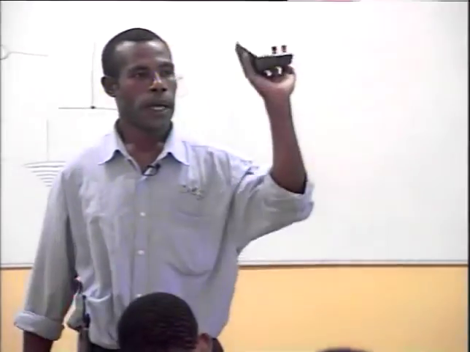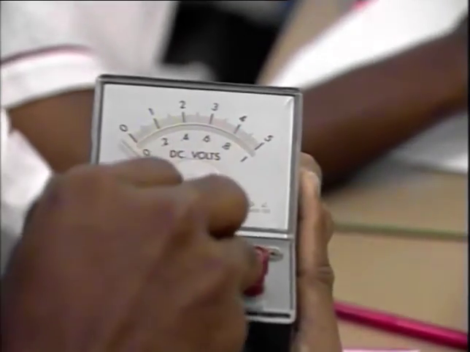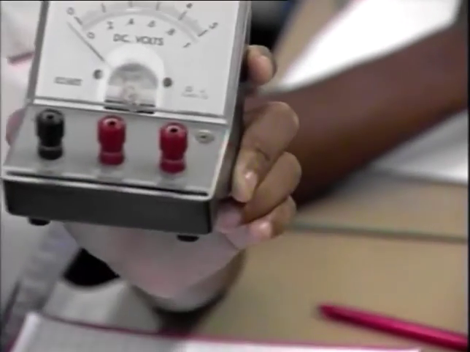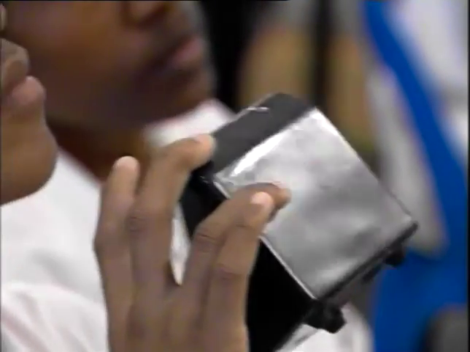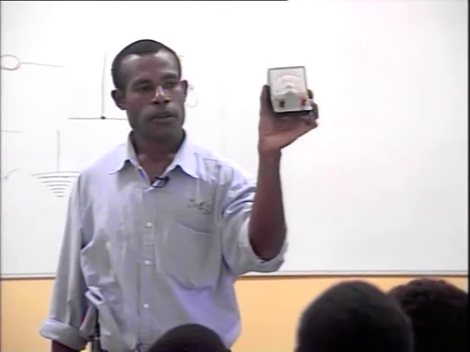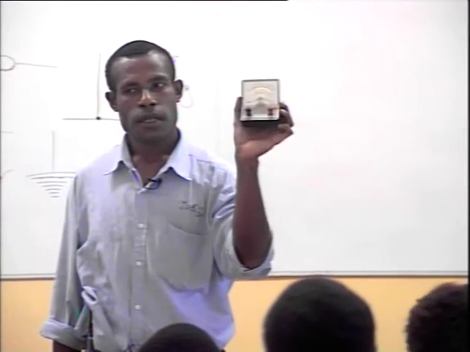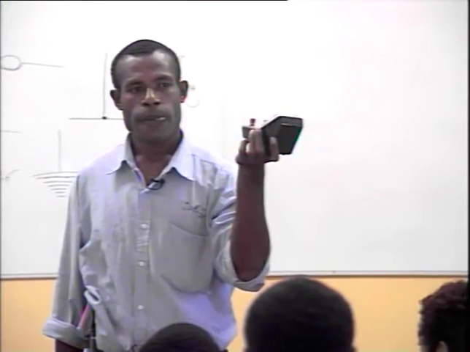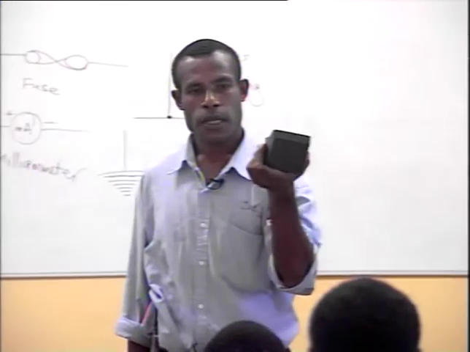All right, in my hand I have, what is this? It is also an ammeter, but this time you find a small sign or symbol on the side. It is a micro ammeter. Why do we call it a micro ammeter? Sulaiman.